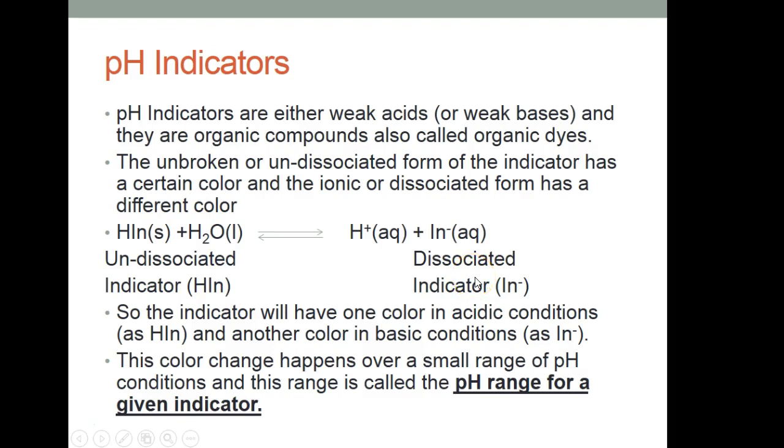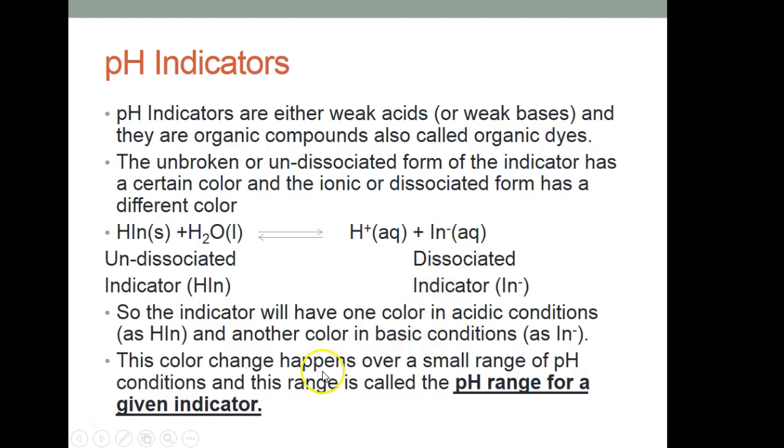So if the resultant solution from an acid base titration is acidic, it would have the color of the undissociated indicator. And if the endpoint is in the basic region above 7, then it would probably be the indicator in the form of the conjugate base, since that has a different color.